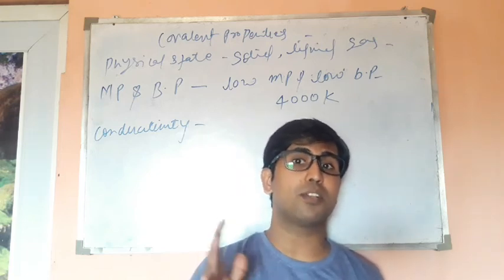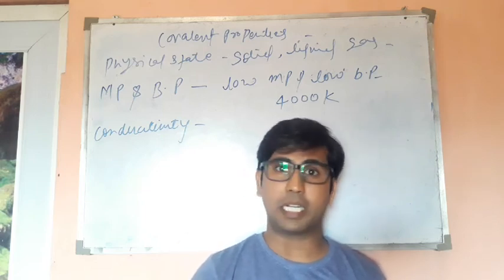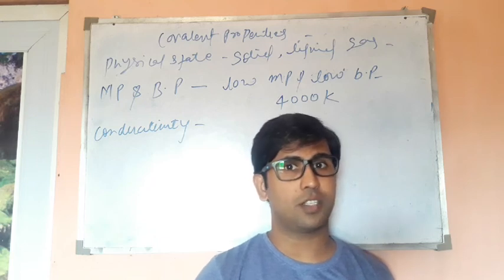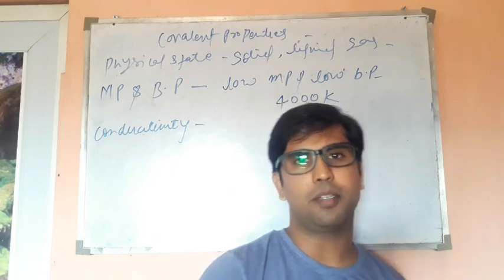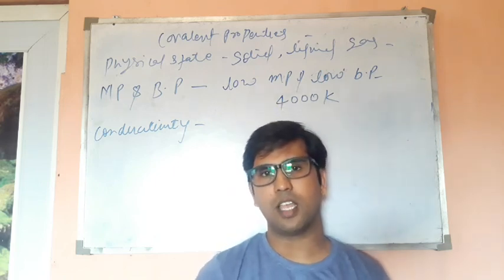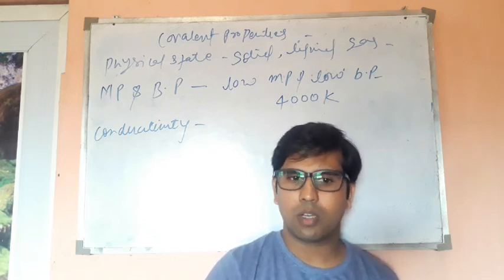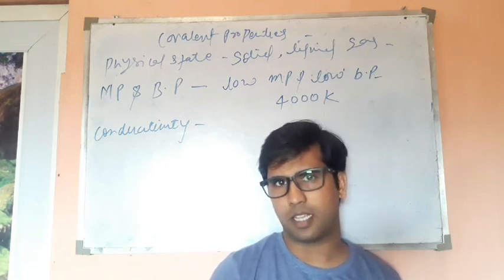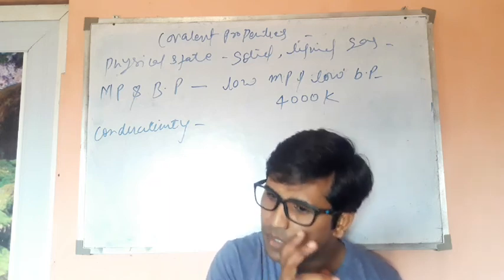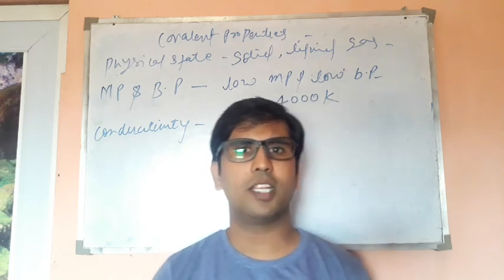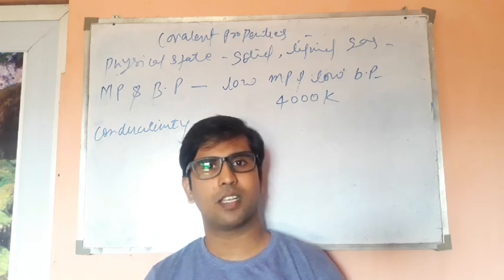There should be ions or some charged particle, free charges that can move. But in covalently bonded molecules there are no free charges, because all the electrons are being shared. If no free electron is available, how could you flow current through any covalently bonded substance? There should be some ions.